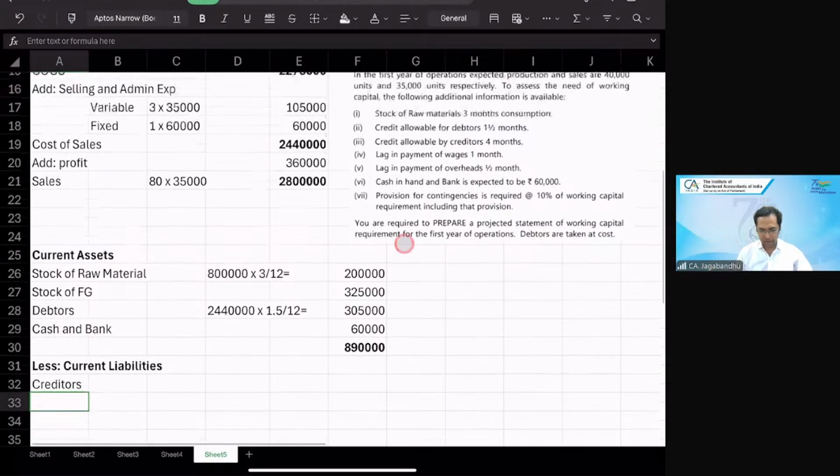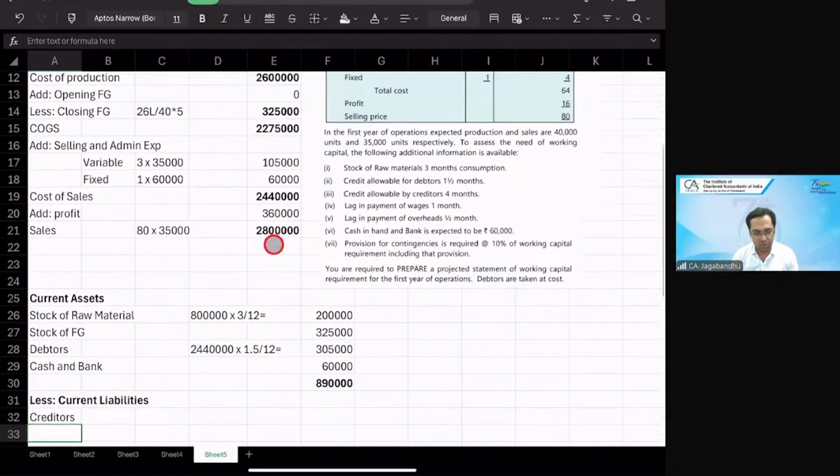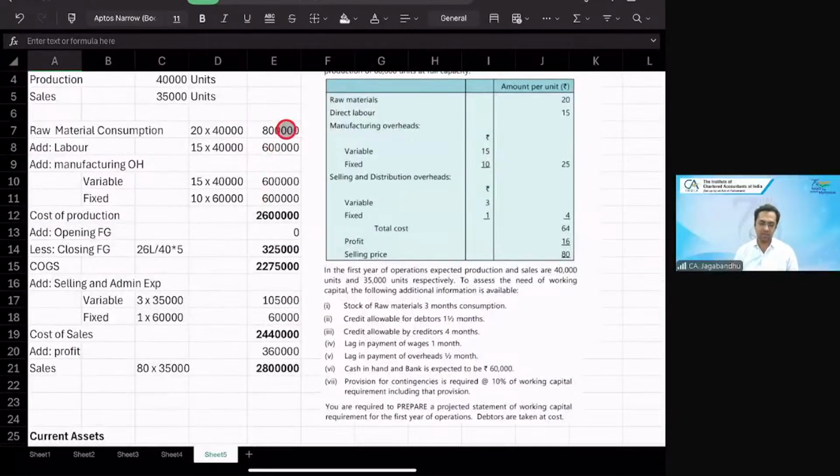So how can we calculate the creditors? Can I use the raw material consumption as the raw material purchases? Can we assume raw material consumption is the same as raw material purchases?